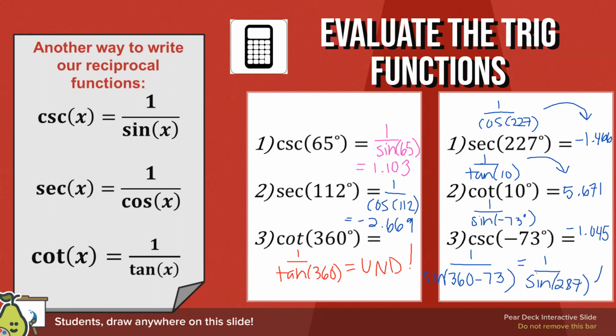And plugging that in your calculator gives us negative 1.045. So since we were going in the negative direction, I needed to convert it to a positive degree value. 360 degrees is 1 whole rotation minus my negative degrees will give me what I need.